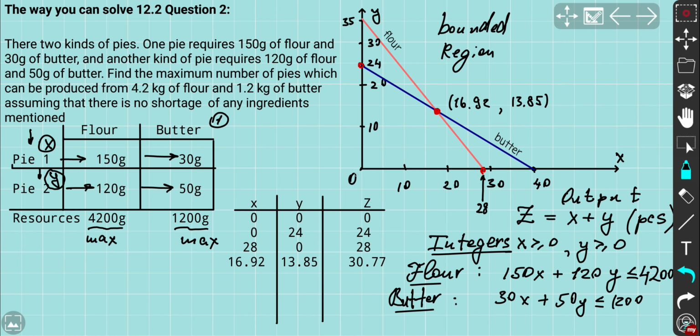All right, so we've got 0, 0, that's the first vertex. It's right there. I mark it with red as well. Obviously it's the minimum value. Next vertex, 0, 24. So y 24 is there, we also calculate and we've got 24. That doesn't work because we have even more. So when we take 28, it's right there. We've got 28 for z.